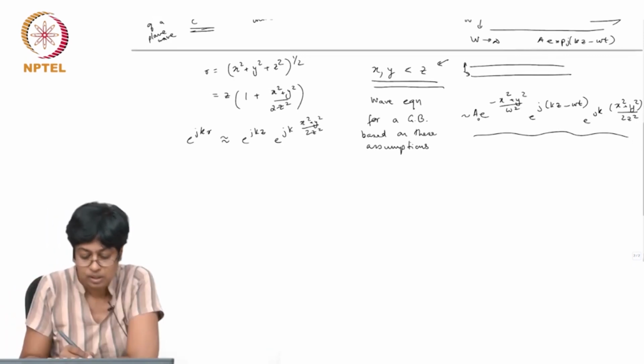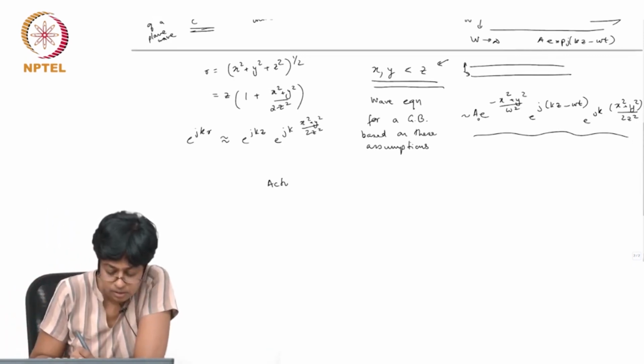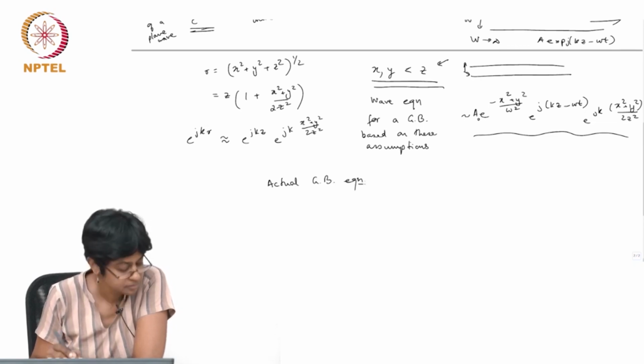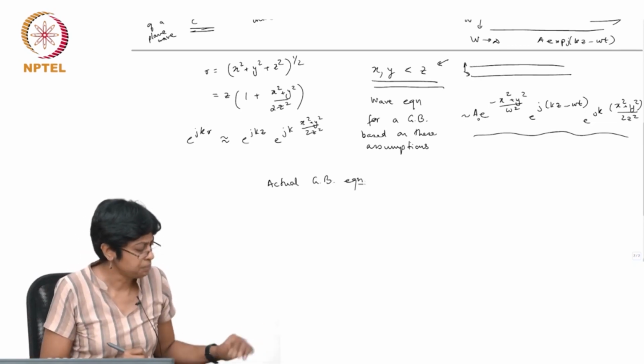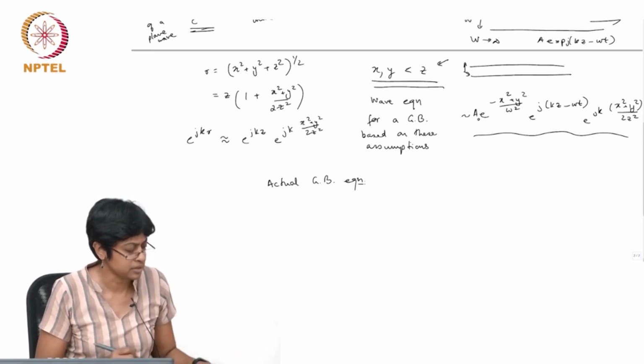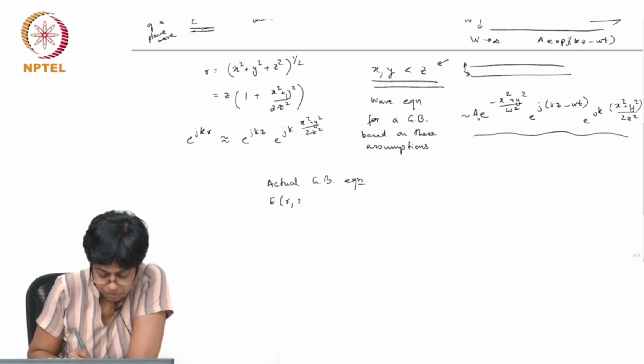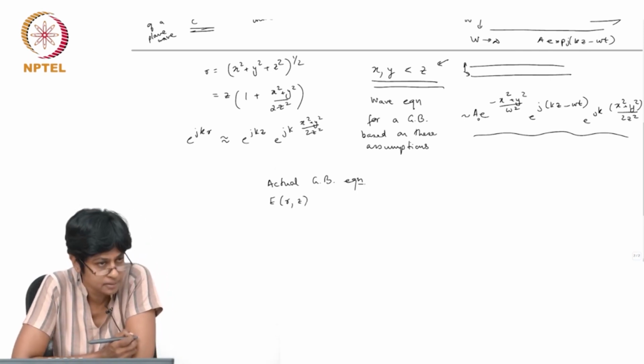Okay, so the actual Gaussian beam equation, and it's a slightly complicated equation, so I want to get it right. Let's say it's E, which is a function of r and z.